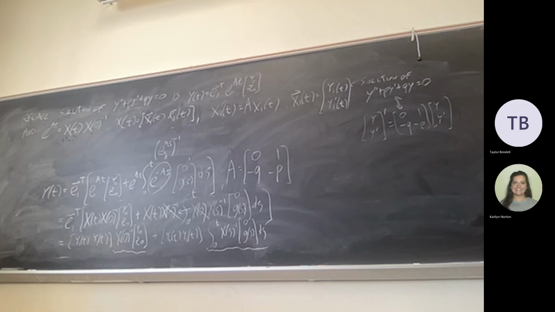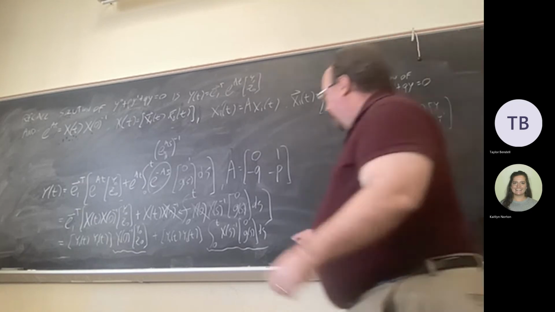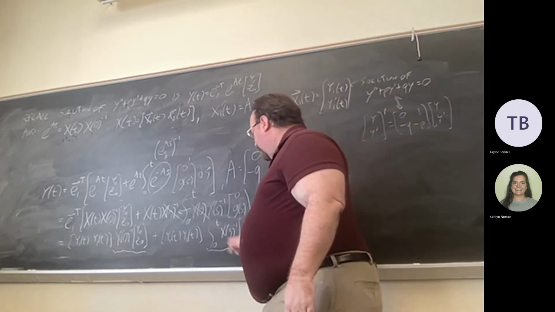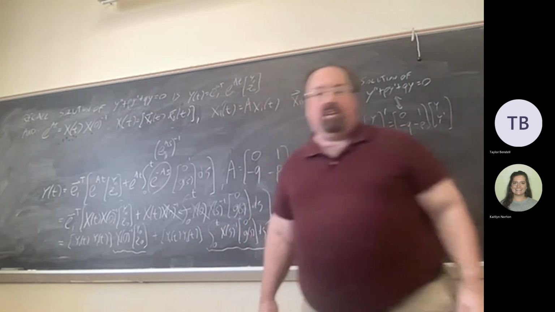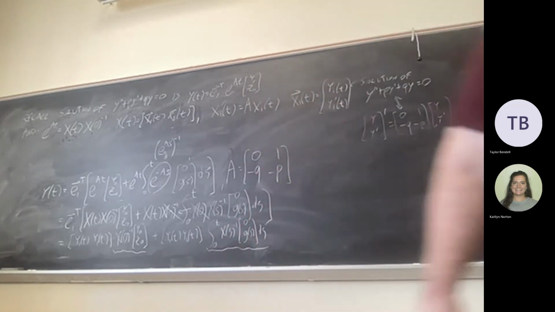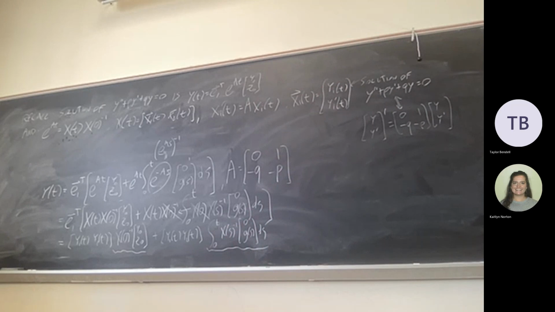This column vector has components that are functions of t. So it's a linear combination of y1 and y2 with varying parameters.